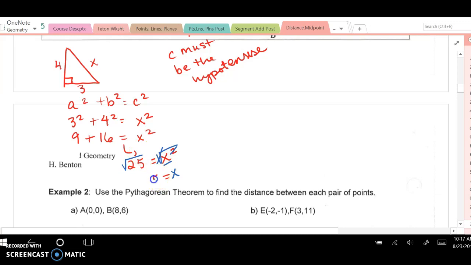And the number that times itself is 25 is the number 5. So 5 is our answer. Okay, so that's your quick little review of the Pythagorean theorem. I'm going to stop right there and we'll pick up on the next video.